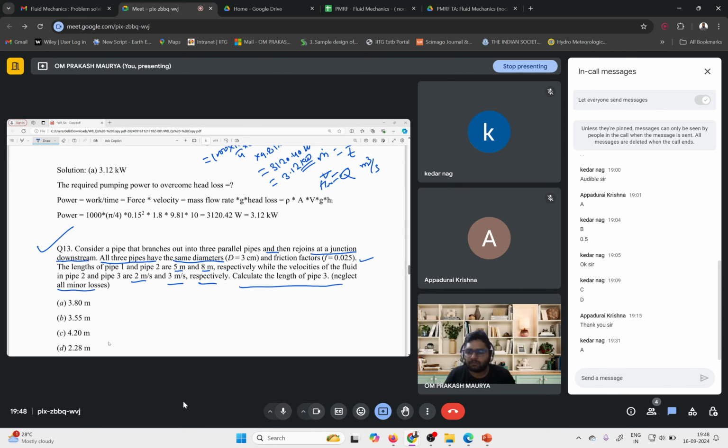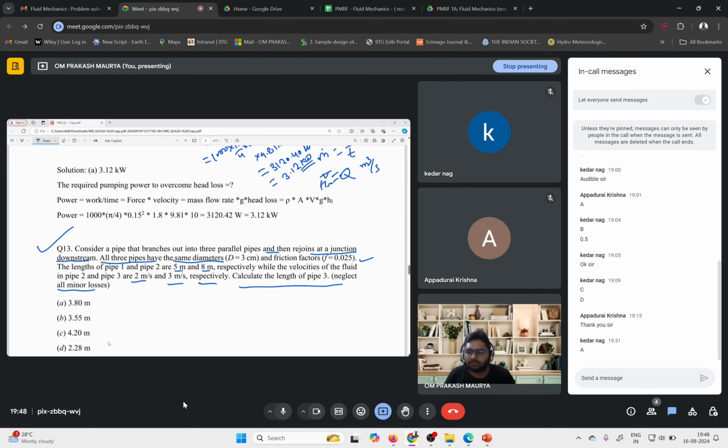Okay, let me show you the answer for question number 13. The diagram is like this. The pipe is divided into three parts: the first, second and third. The lengths are given already: pipe 1 is 5 meter, pipe 2 is 8 meter, and pipe 3 you need to calculate.